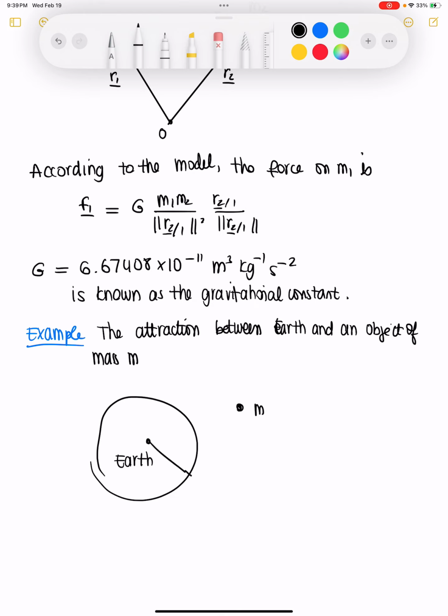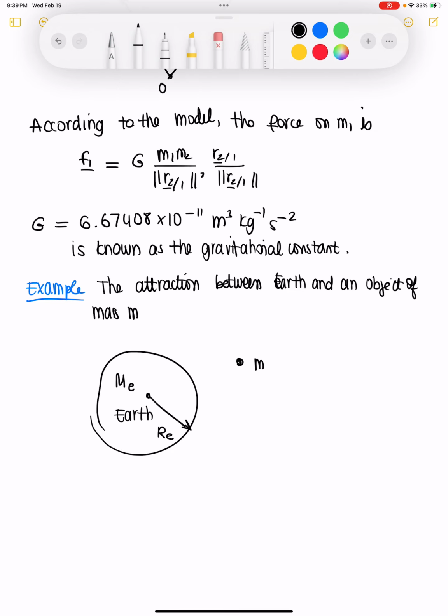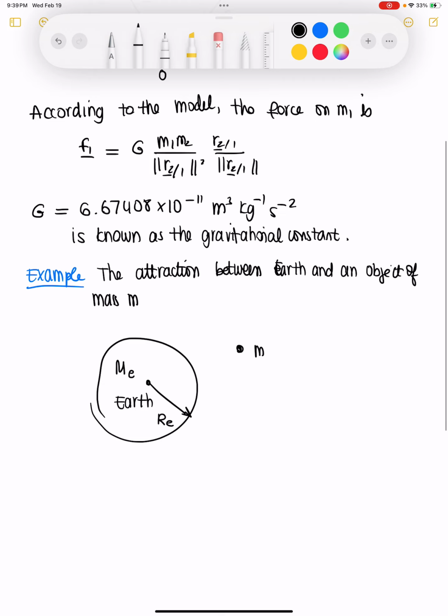So the Earth has radius r Earth and mass m Earth. We can find these quantities in the table in the back, in the appendices of Meriam and Kraige. I also copied this table and it's on the second page of the preamble of set 11, the set on work and energy.